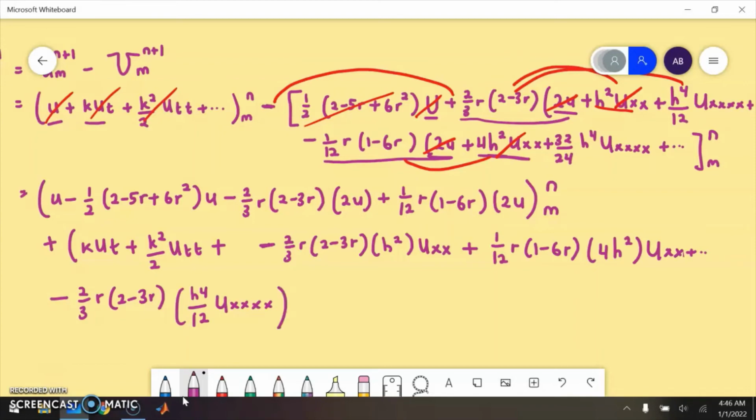Okay, that's one term. And then 32/24 multiplied with this, but negative, negative will be positive. 1/(12r), 1 minus 6r, 32/24 h to the power of 4 u_xxxx.